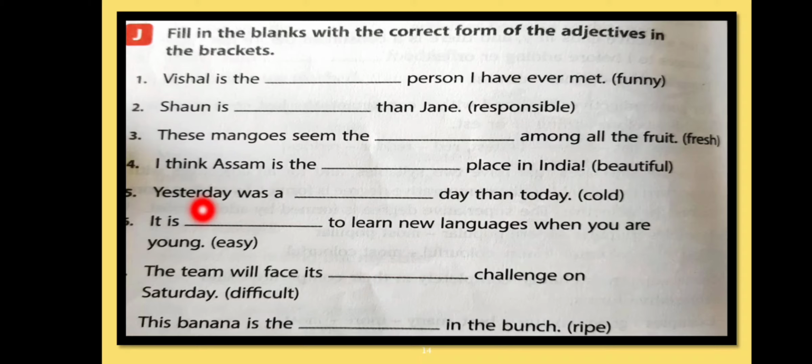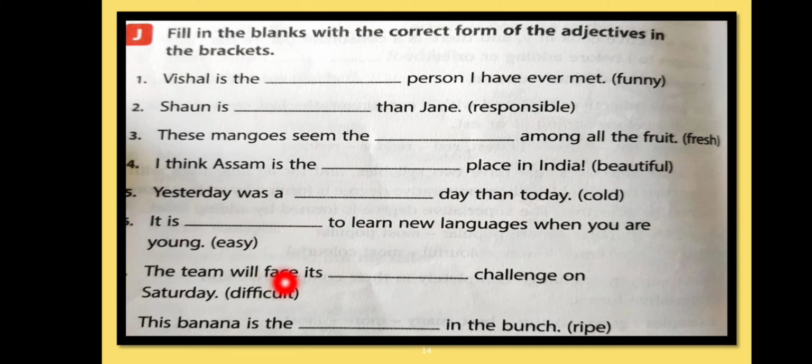Let's see how many syllables are there in difficult. It is not a single syllable. So we have to use the most difficult. The team will face its most difficult challenge on Saturday.